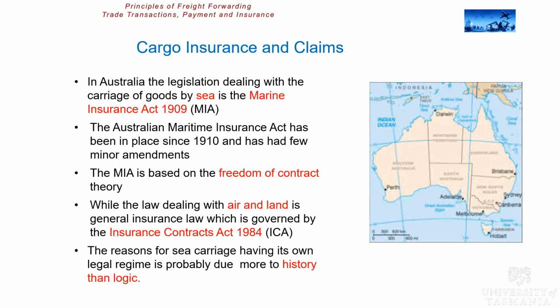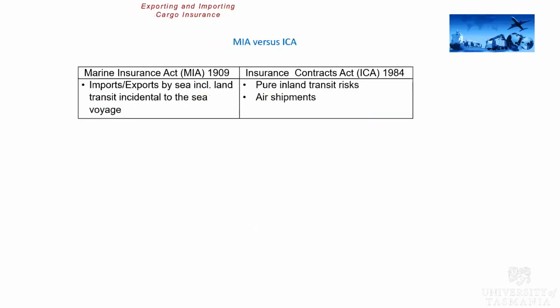Look, it's probably due to the fact that it's more history than logic. There are a number of similarities, and there hasn't been a requirement to update those acts over time to reflect the bringing together of the various clauses in those acts.